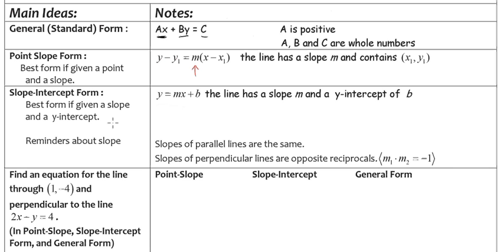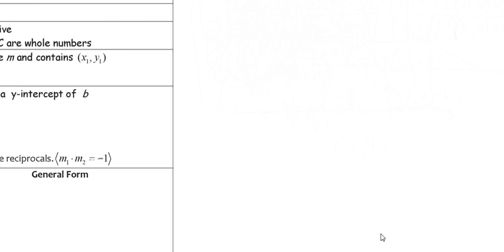So if we had a slope of 7, and knew that the y-intercept was at (0, -4), we could write the equation of the line quite easily just plugging these in. So y equals the slope times x plus the y-intercept, or y equals mx plus b.